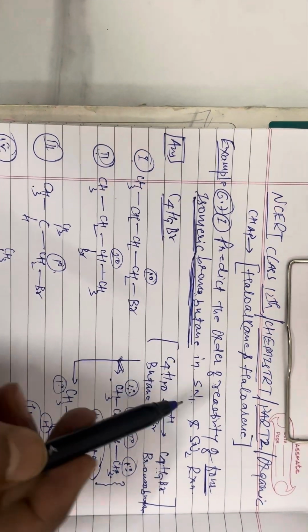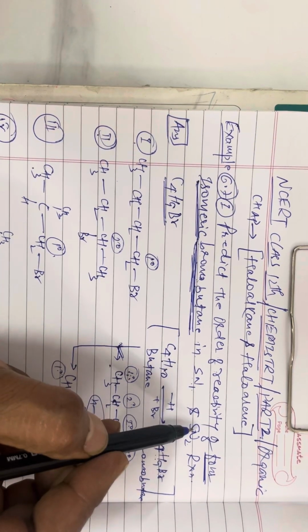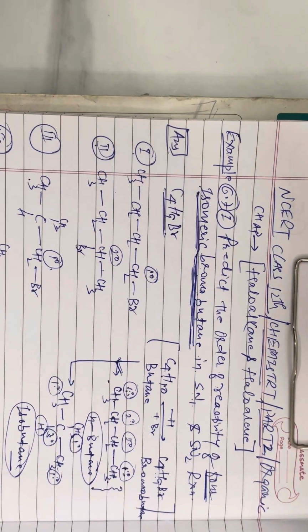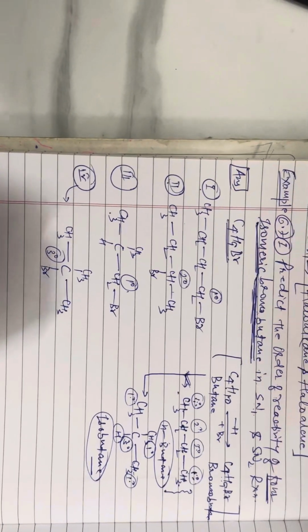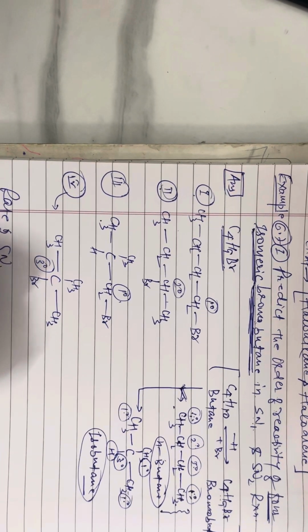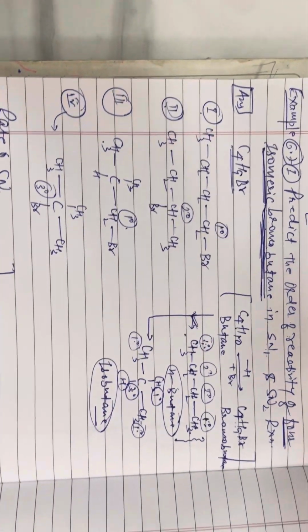Among them, we have to find out the order of reactivity for SN1 and SN2. So first we'll go for the rate of SN2 among these 4.